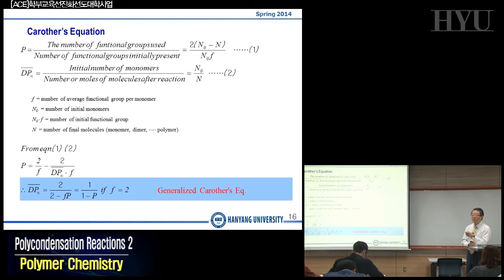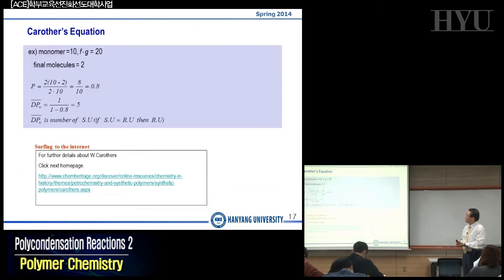If F is equal to 2, meaning that you only have bifunctional monomers, then DPn is equal to 1 over 1 minus P, which is exactly the same as what we have just seen. But let's say that we have other systems. Let's say that we have 10 monomeric systems.